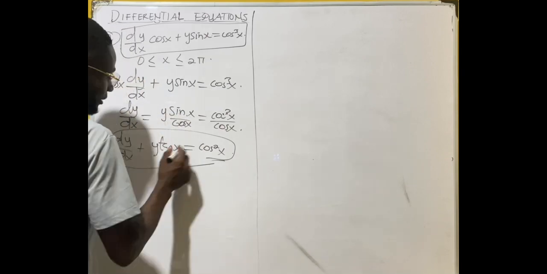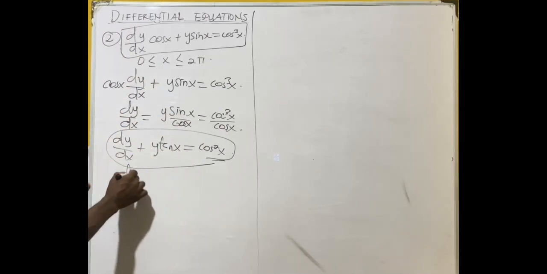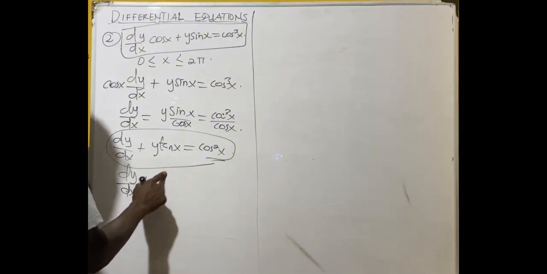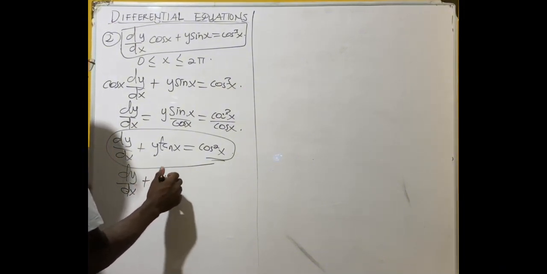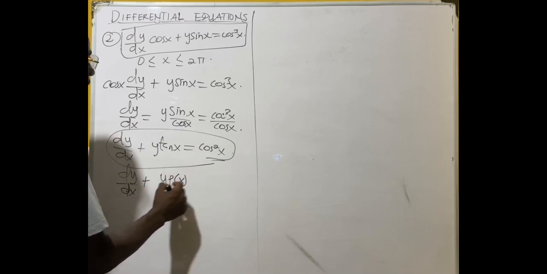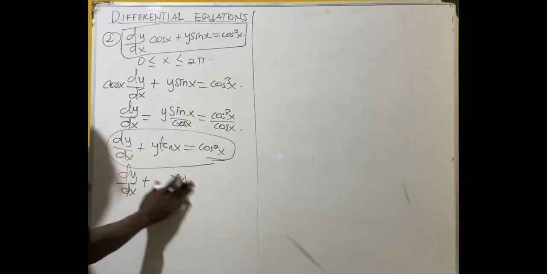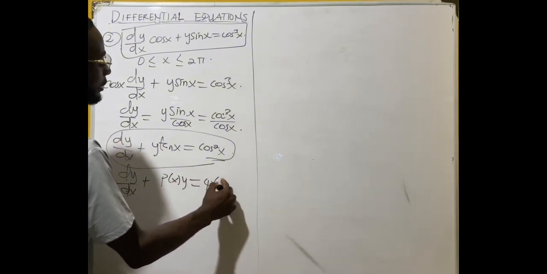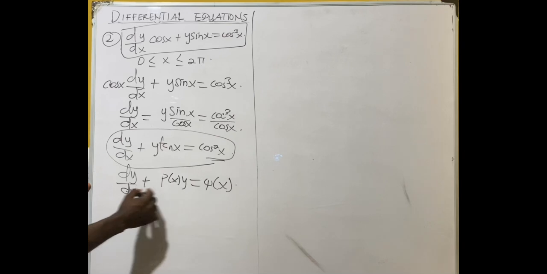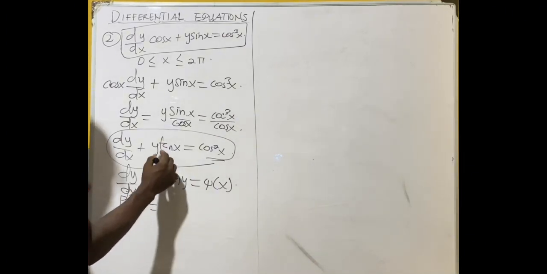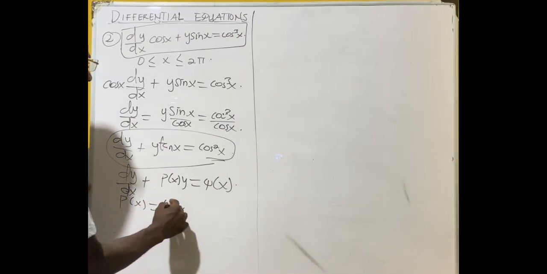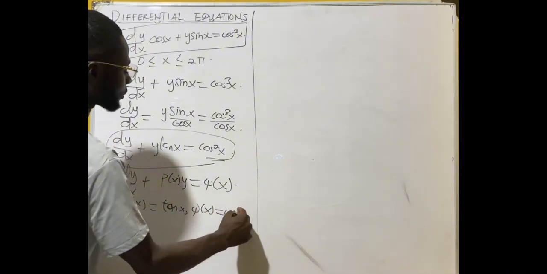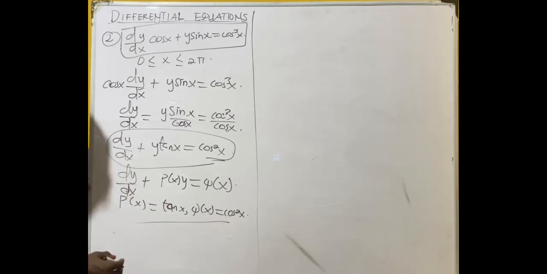So this is of the form dy/dx plus p of x times y equals q of x, right? In here, our p of x is the coefficient of y, which is tan x, and our q of x is cos squared x, right?